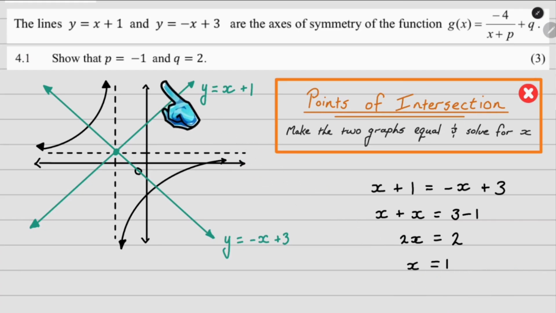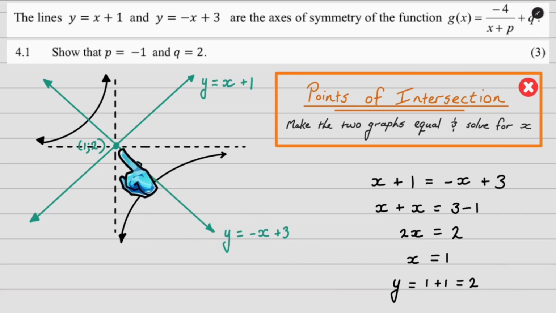Now I'm going to sub that back into the graph to get my y value. This one looks a bit easier to work with. If I put this x into that x's place, 1 plus 1 will give me 2. That helps me conclude that this point of intersection between the axes of symmetry is (1, 2). So the line going up is x equals 1, and the asymptote going left and right is y equals 2.